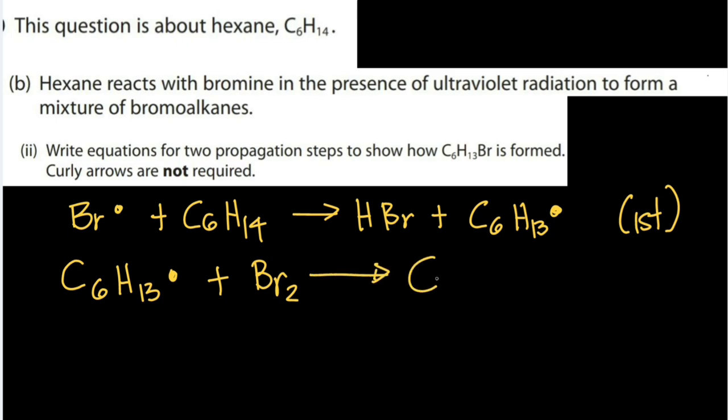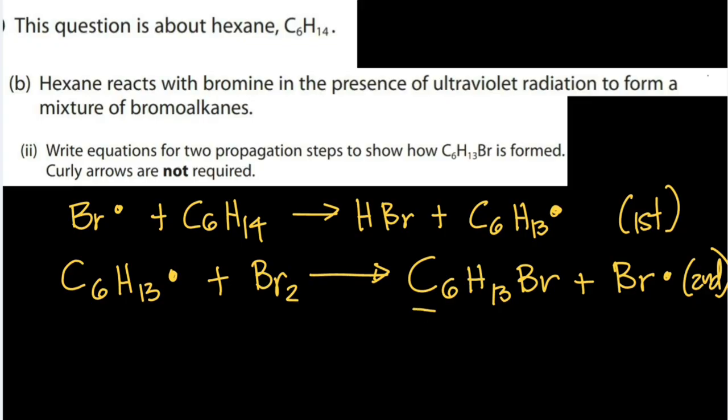This forms C6H13Br plus 1 bromine radical. So this is the second propagation step, and these 2 steps sustain the chain reaction producing C6H13Br or bromohexane.